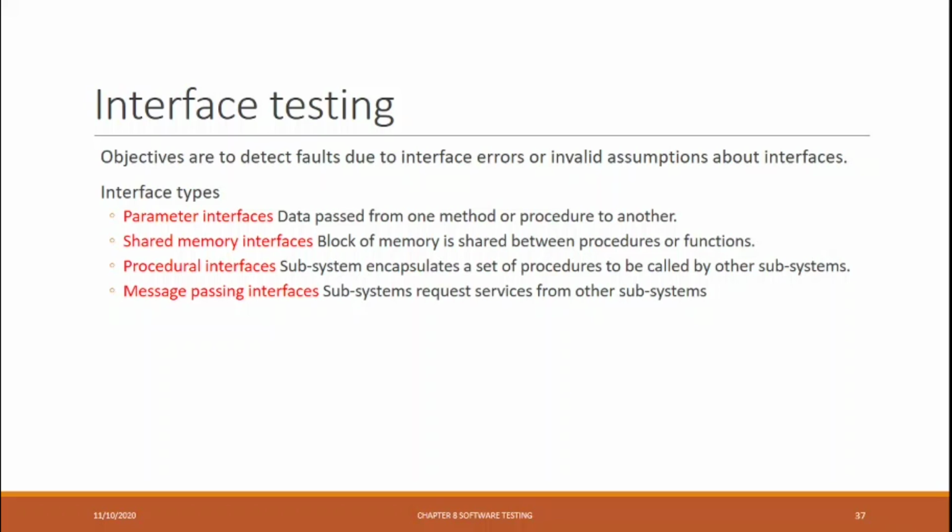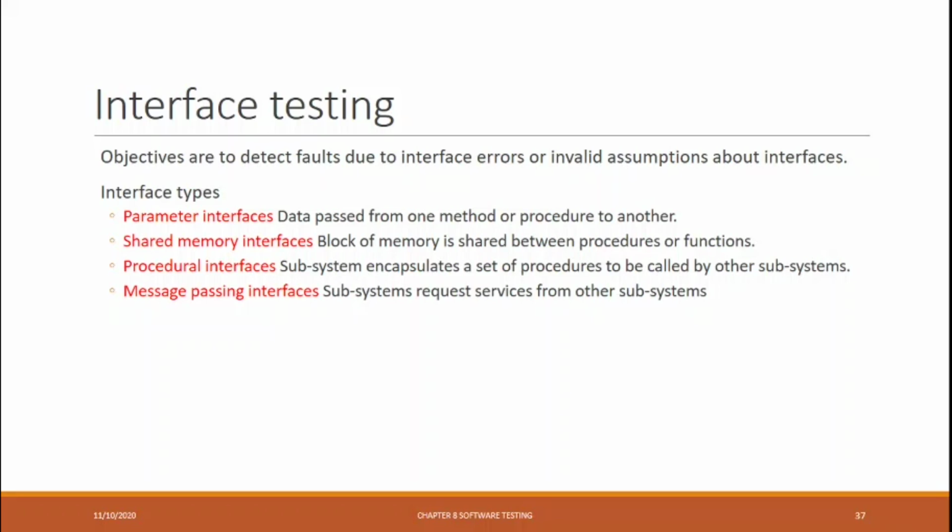Message passing interfaces are interfaces in which one component requests a service from another component by passing a message to it. These are the different types of interface errors that are defined in component testing. Along with this, these errors fall into three classes.